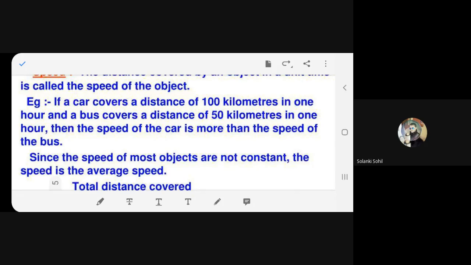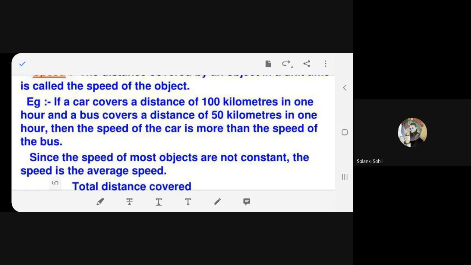Simple. Which one's speed is more, car or bus? Which one is covering more distance? Car. So whose speed is more? Car, obviously. You understood now?